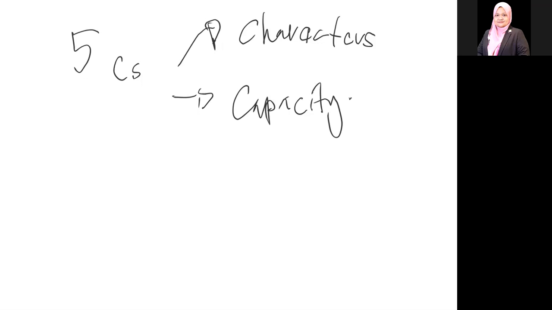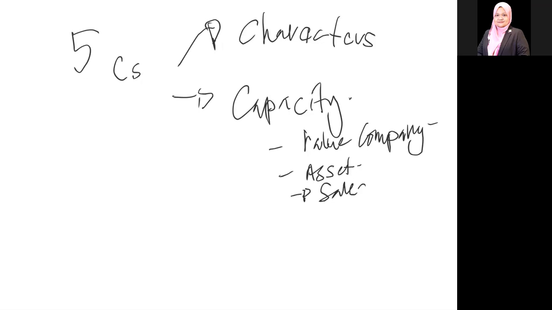From the value of the company or the assets that the company has, and also the past performance in terms of sales and net income. So we will identify whether your customer has a good capacity or not.